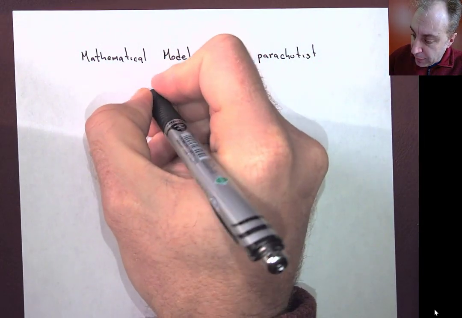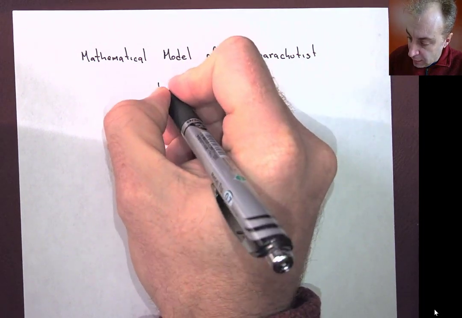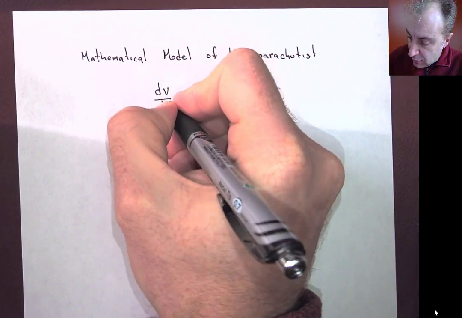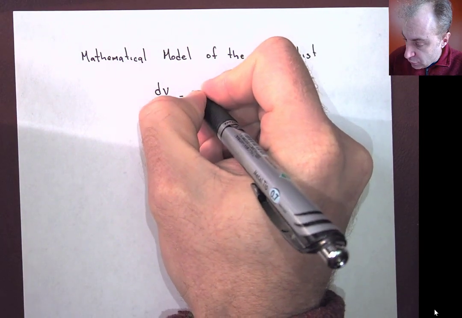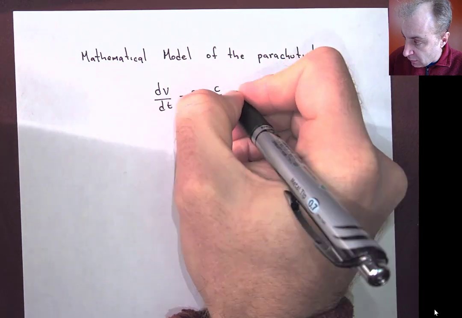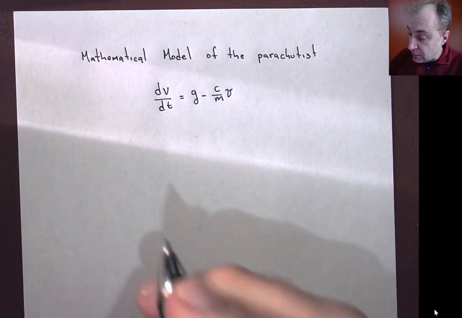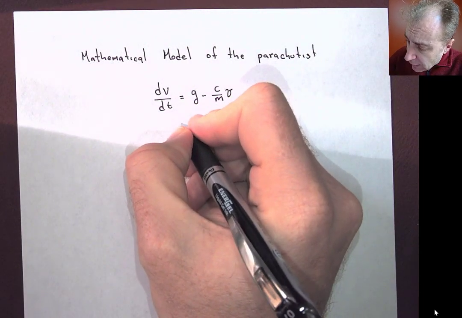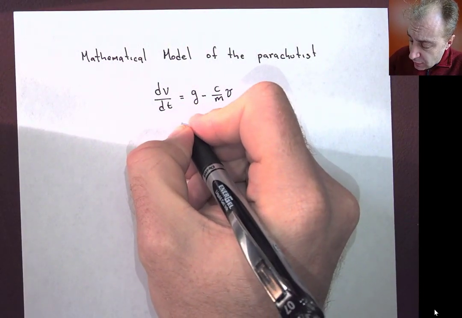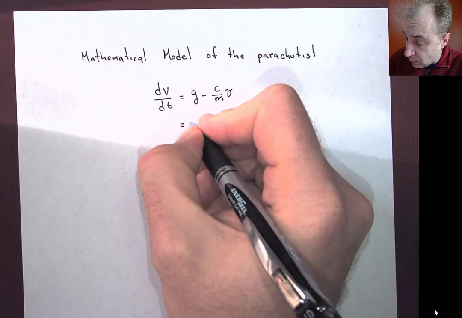Okay, so by using Newton's second law, we derived that dv/dt is going to be equal to g minus c over m times v. So what we're going to do next is isolate v, and this is just to simplify the integration that we're going to carry out.